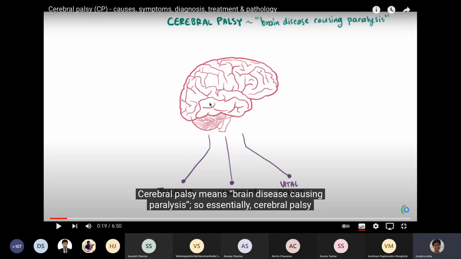So it is not a disease. Disease means you buy a treatment, you can cure it, or even if you cannot cure it, the idea is to find a cure for the disease, like corona. The idea is to find a cure for the disease, but cerebral palsy is a disability. So as we have discussed, it is not a disease.